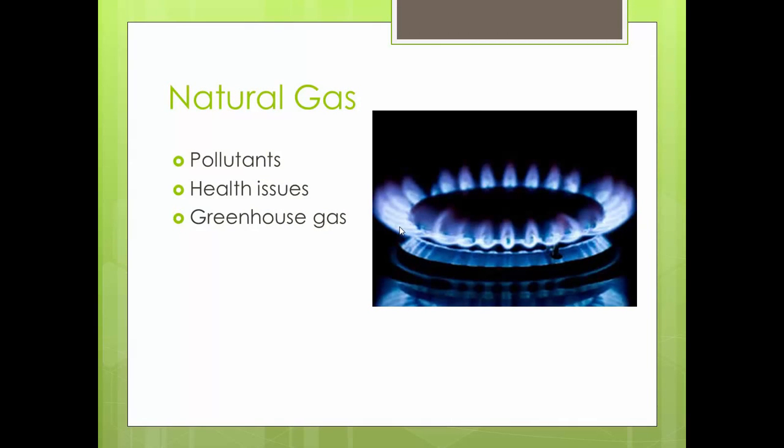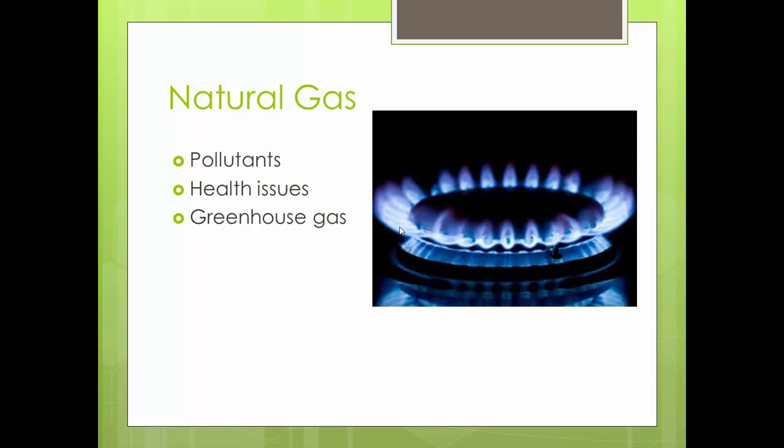Okay, natural gas. We previously looked at a chart and saw that natural gas was on the chart, and it was one of the largest consumptions for energy. And it's also considered non-renewable, which is not too good. One thing about natural gas is methane. Methane is a main component of that, and it acts as a greenhouse gas, which can lead to global warming when released in the atmosphere.